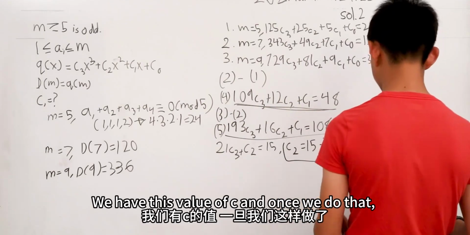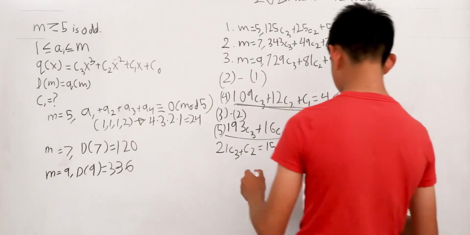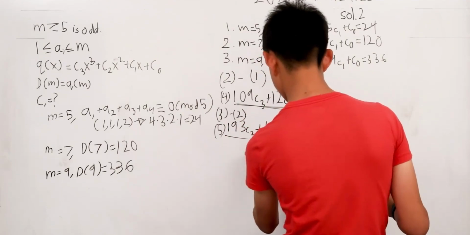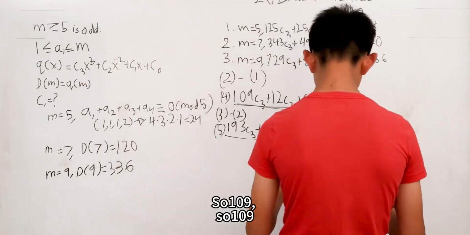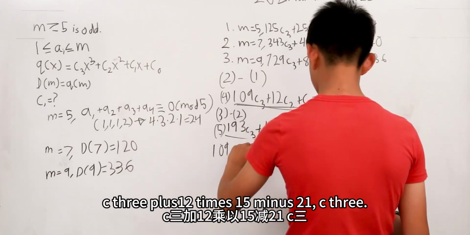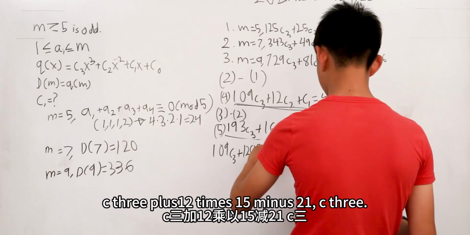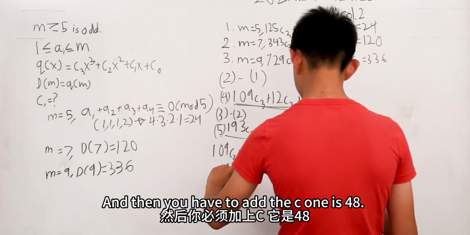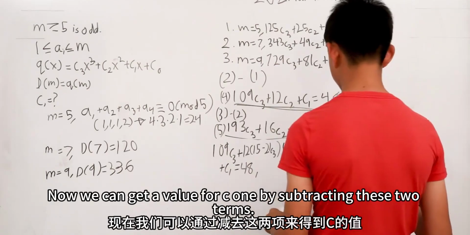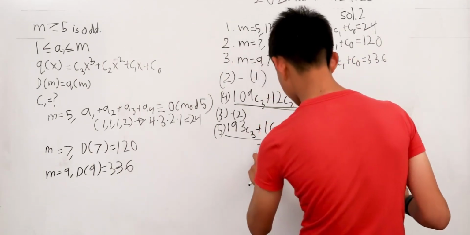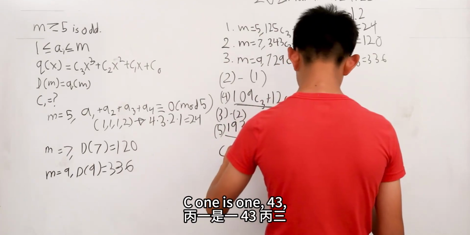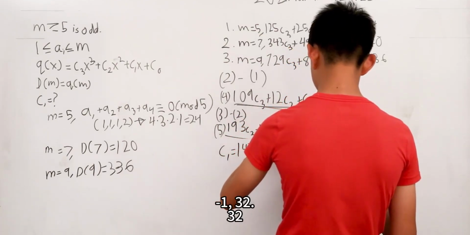So we have 109 C3 plus 12 times 15 minus 21 C3, and then you add the C1, which is 48. Now we can get a value for C1 by subtracting these two terms. So C1 is 143 C3 minus 132.